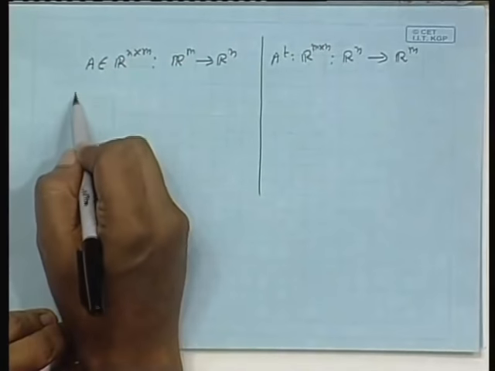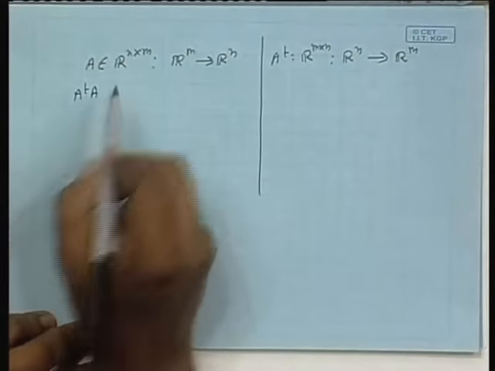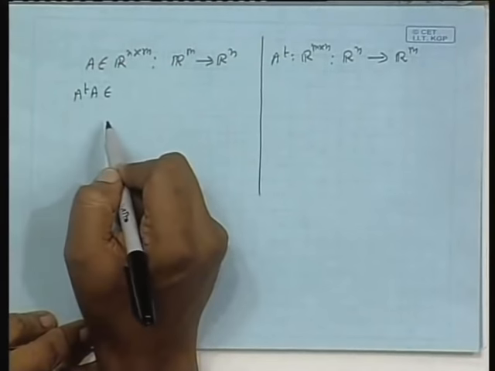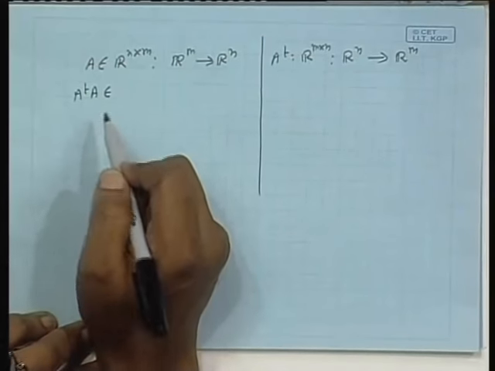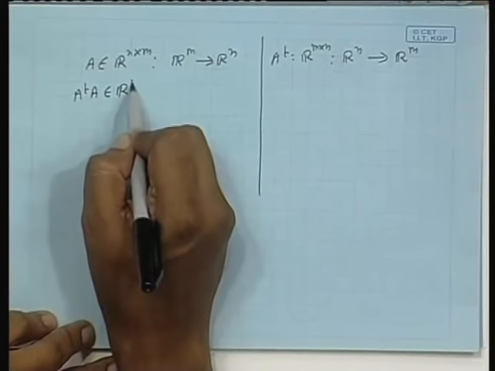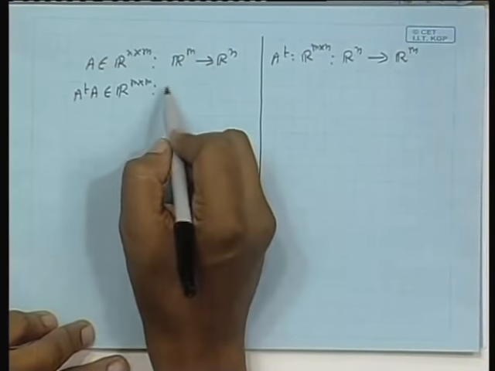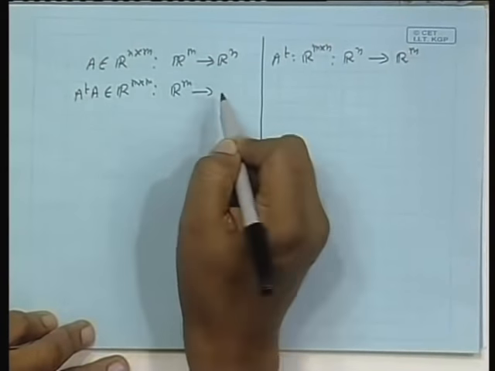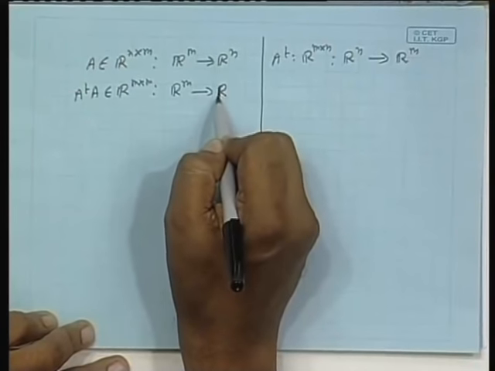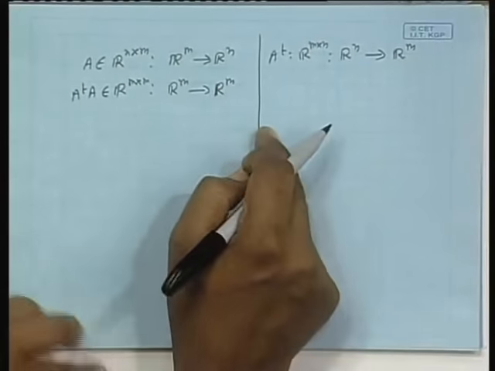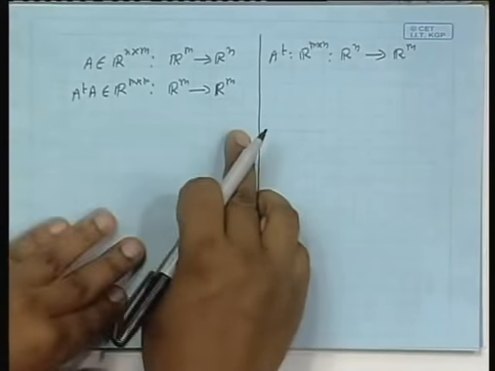Then you consider this A transpose A. Obviously, A transpose A is a square matrix of size m cross m only. It takes R^m, but gives you back R^m only. It is a square matrix, like the operators we considered earlier, V to V, R^m to R^m.